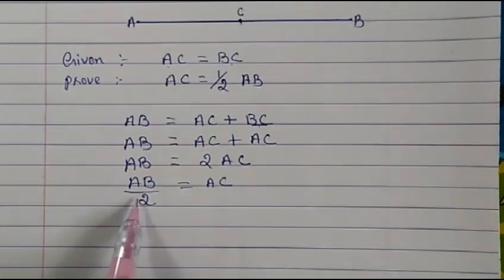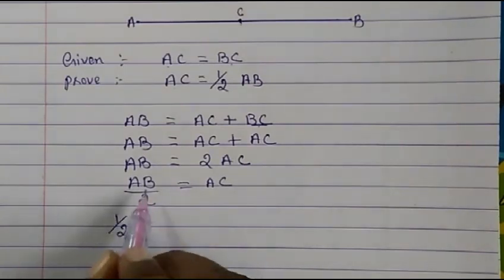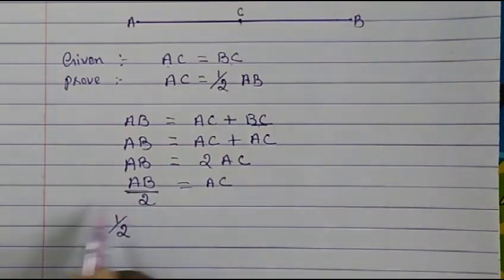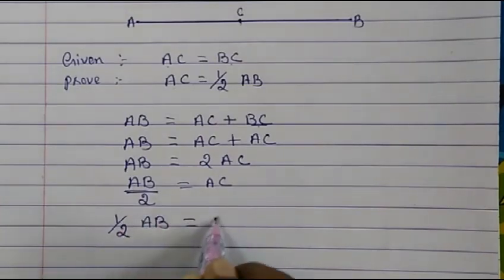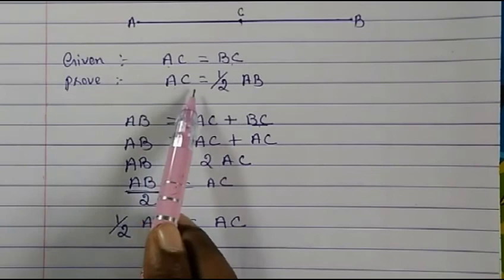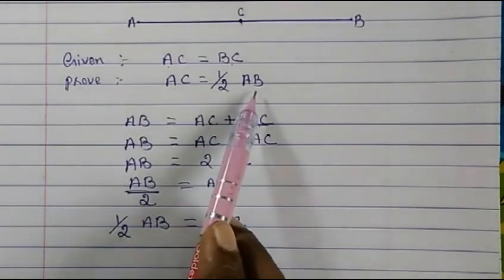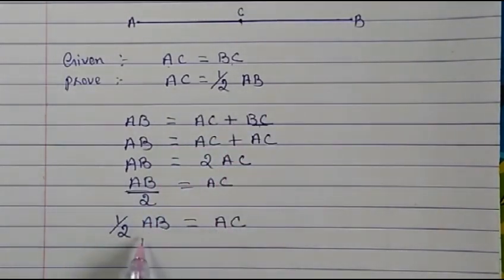Now take this 2 common outside, then it will become half, because it is in division, right? So when we write it as common, it will be 1 upon 2 AB, and then this AC we write down as it is. So we have proved, because we are asked to prove AC is equal to half of AB. So we have proved AC is equal to half of AB.